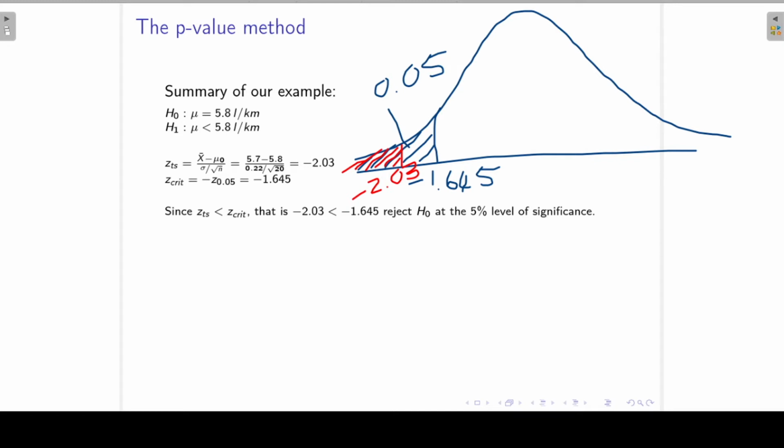And by implication, if the area to the left of my test statistic value is less than my alpha, my level of significance, then it falls within the rejection region, and therefore we will reject the null hypothesis. So we can actually go and calculate that red area.